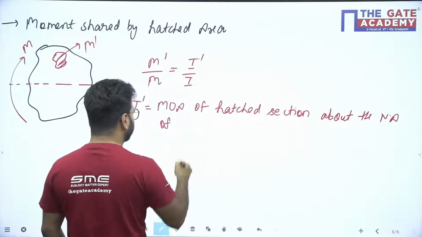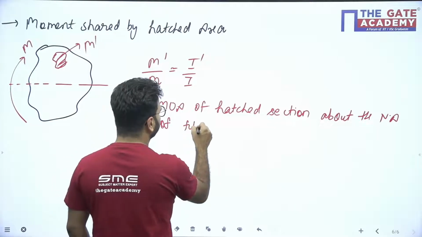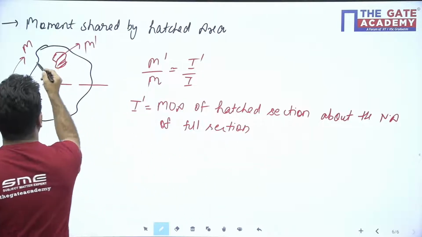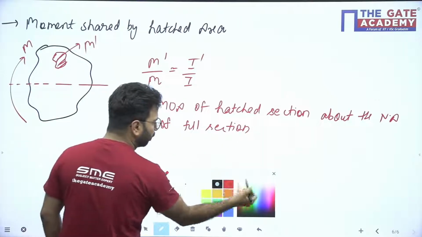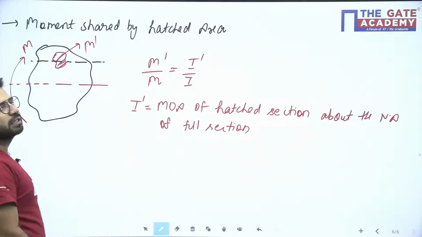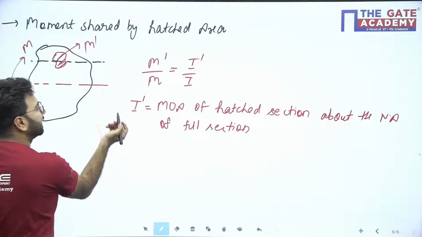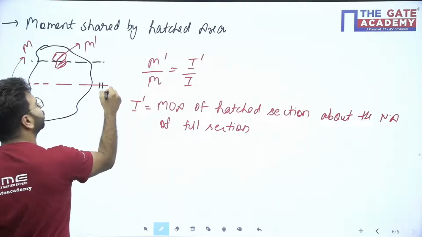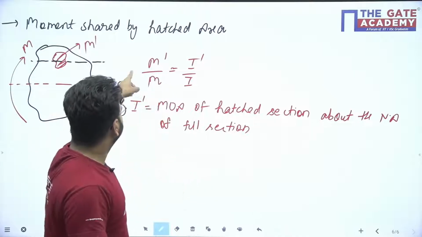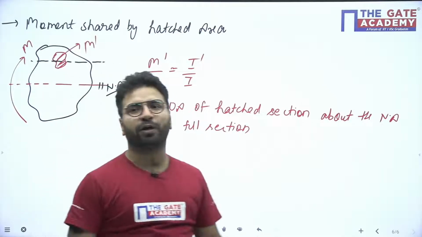Okay, about neutral axis of full section. Full section means the complete section, means you will calculate the moment of inertia of this hedged area. Moment of inertia of this area about which axis? This axis, which is the original neutral axis we have of the whole section. So M dash upon M is equals to I dash upon I.